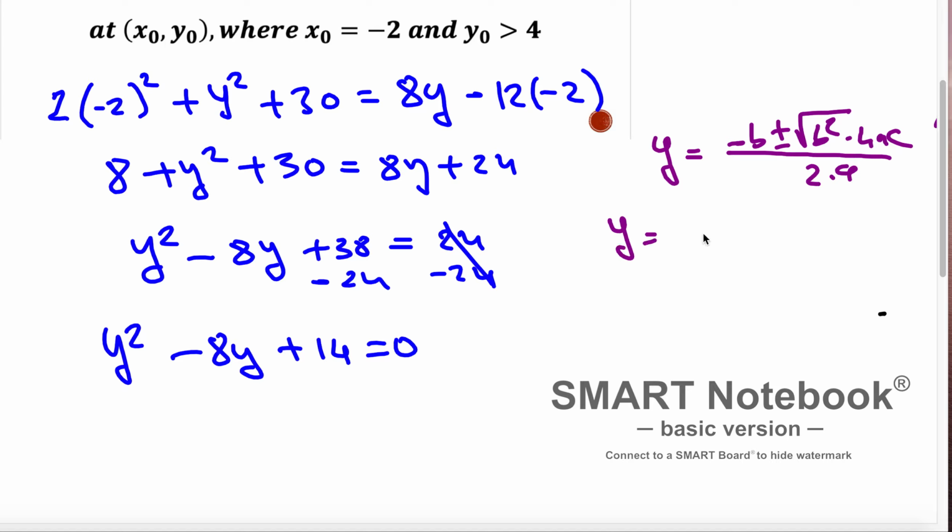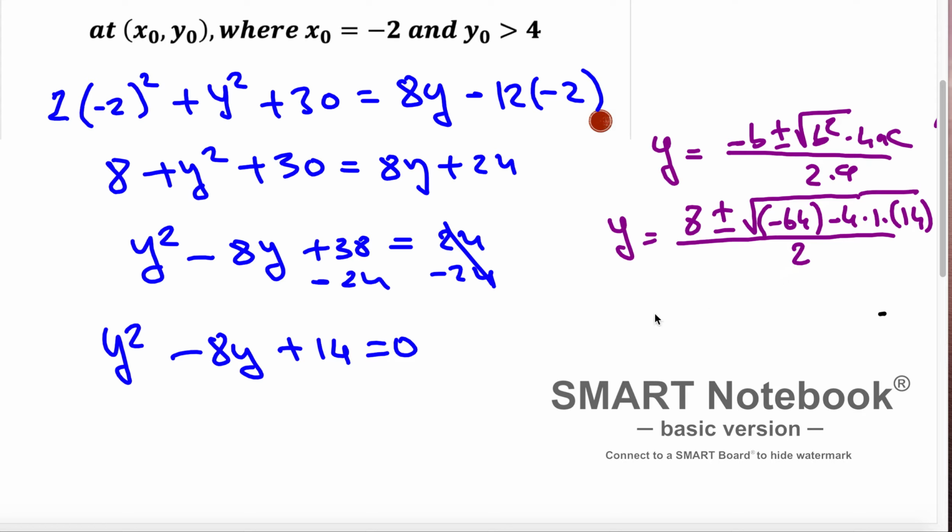Plugging in, negative 8 becomes positive 8, plus or minus the square root of 64 minus 4 times 1 times 14, divided by 2 times 1, which is 2. When we simplify everything, y is equal to 4 plus or minus the square root of 2. So we have two values: 4 plus square root of 2, and 4 minus square root of 2.